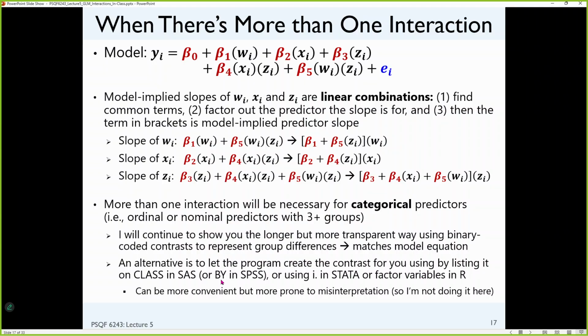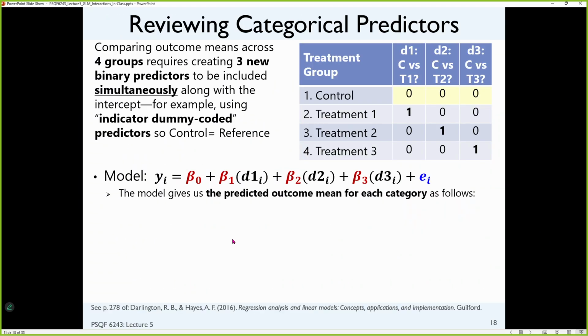This is analogous to the BY statement in SPSS instead of the WITH statement in SPSS syntax, or the CLASS statement in SAS. So that is an option for making things a little bit simpler. It has some cost to it, which is why I decided not to go into it, but there is another way to make your code a little bit more efficient. We will see that next time: interaction terms involving grouping variables.